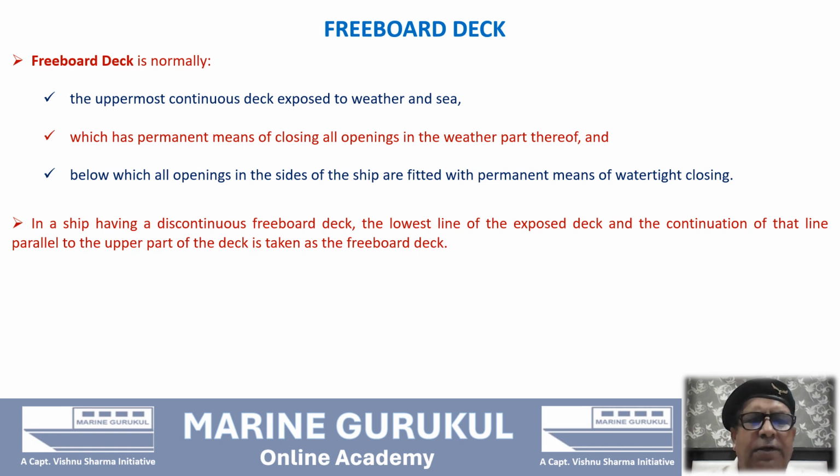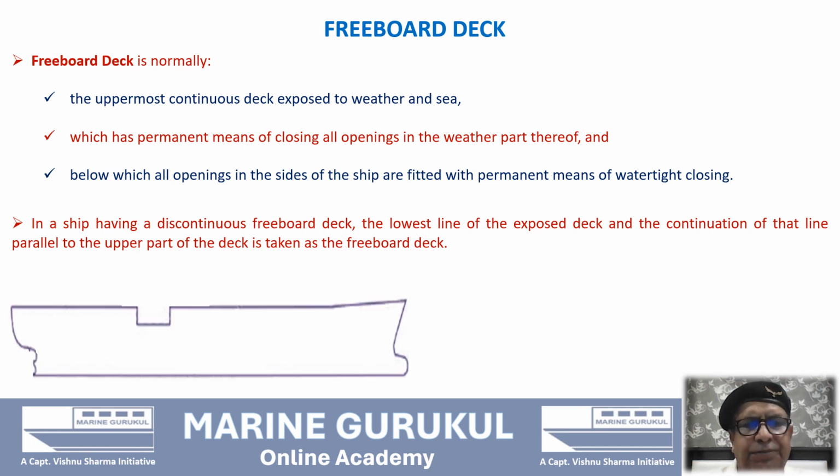In a ship having a discontinuous freeboard deck, the lowest line of the exposed deck and the continuation of that line parallel to the upper part of the deck is taken as freeboard deck. For example, in this diagram, we have a discontinuous freeboard deck where the discontinuity is more than 1 meter.